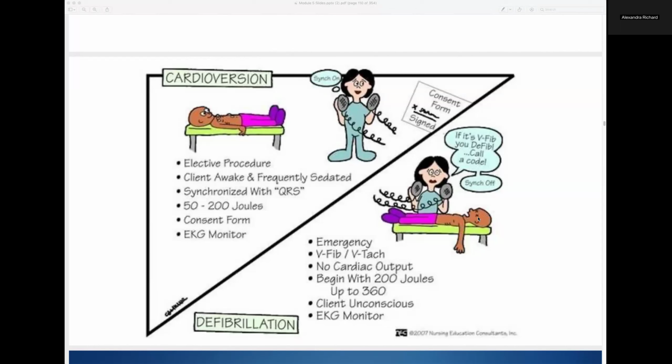There we go. This is what I'm looking for. Hold on. Okay, so some pictures just for us to look at.